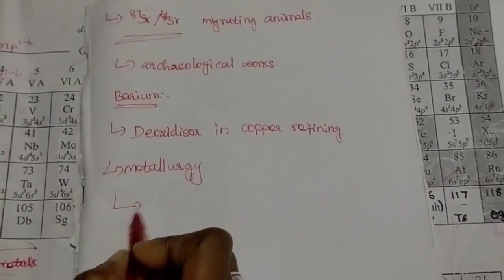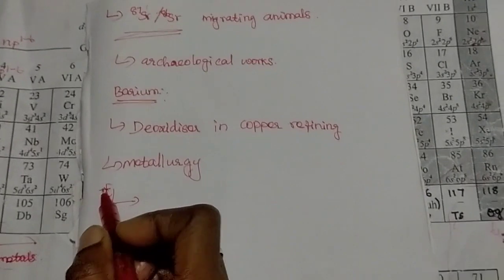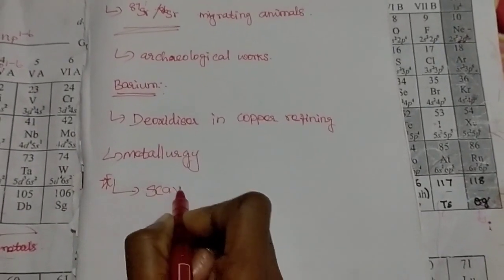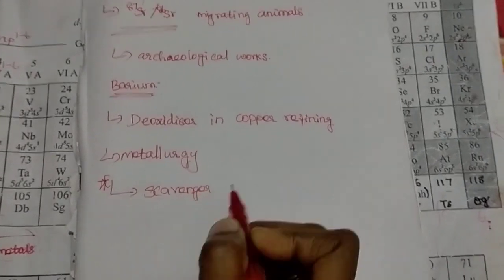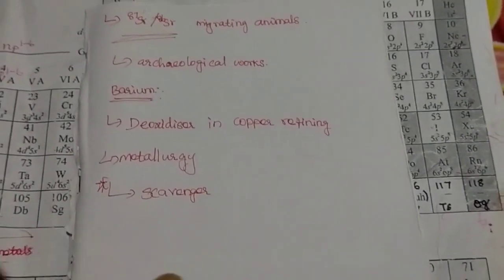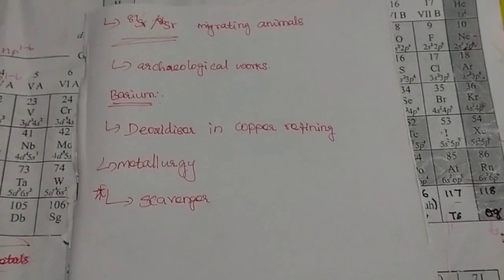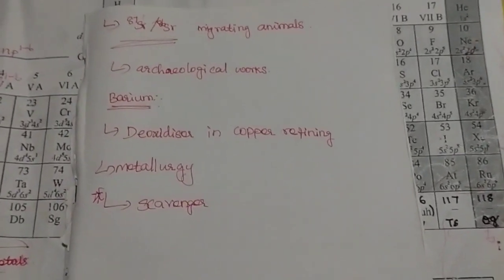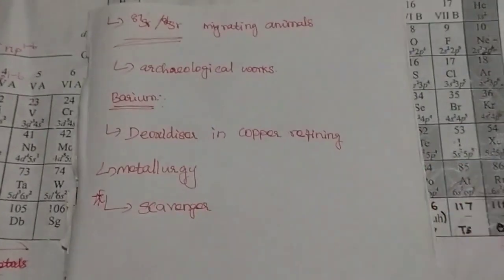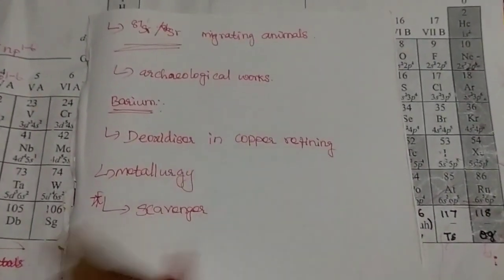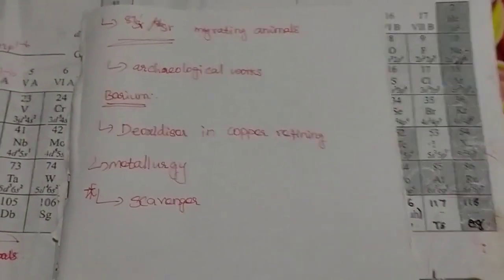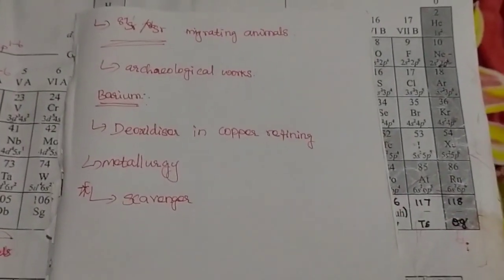One of the important uses of barium is as a scavenger. Using it as a scavenger to remove the last traces of oxygen and other gases which are found in television and other electronic tubes or electronic materials.